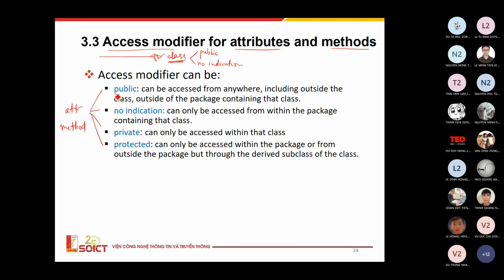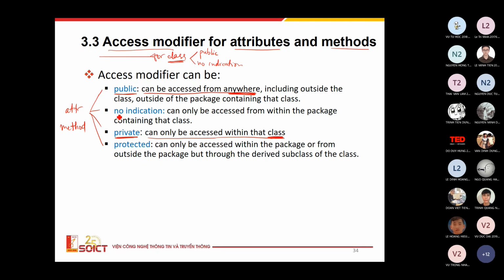The first one is public. Public means it can be accessed from anywhere, including outside the class or outside the package. Everywhere. The second is private. That means it can only be accessed within that class, inside the class only.